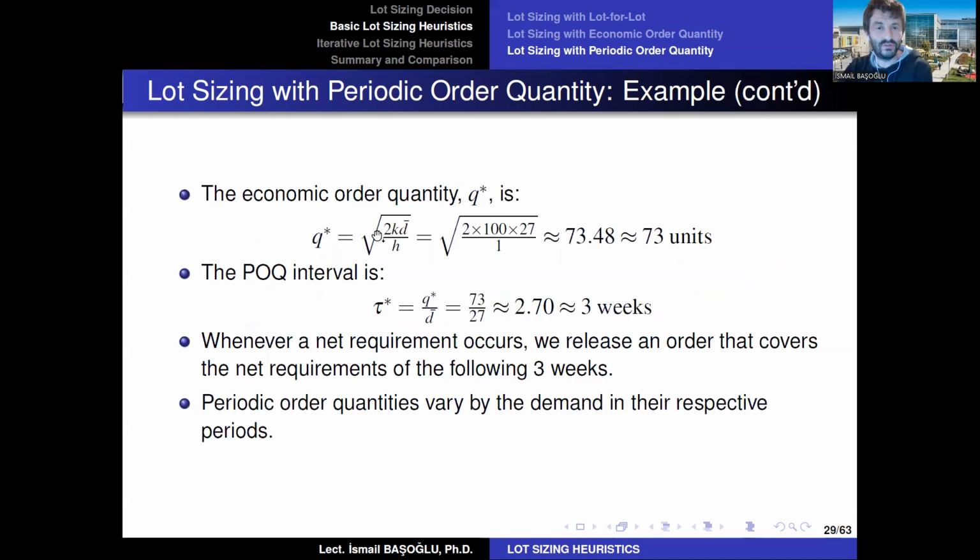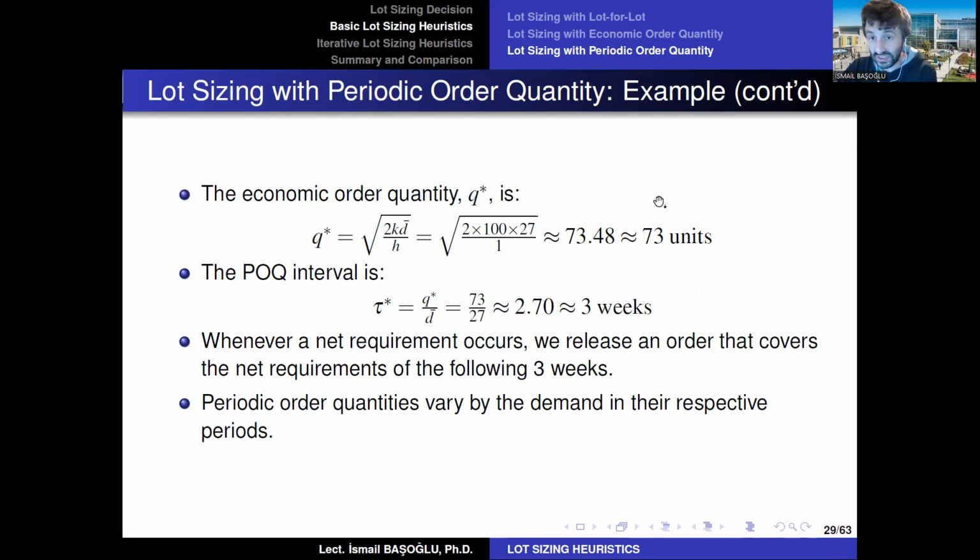Now, let's perform the problem. Again, we determine the economic order quantity as usual. So the average demand per week is equal to 27. And the economic order quantity, when the fixed ordering cost and the unit inventory carrying cost are plugged in, is equal to 73.48, which is approximated as 73 units.